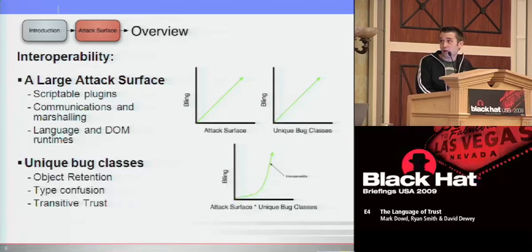Interoperability also has unique bug classes, and as unique bug classes increase, so does the bling. So we figure it's more of an exponential curve, and interoperability is about right there. Some of the unique bug classes we're going to talk about are object retention, type confusion, and transitive trust.